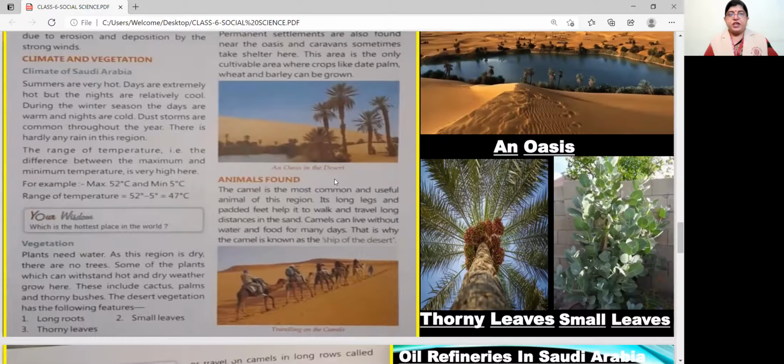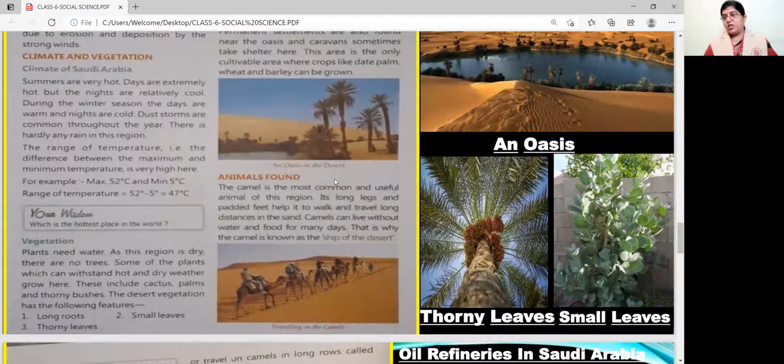And climate, very hot. In summers, days are extremely hot, but the nights are relatively cool. During the winter season, the days are warm and nights are cold. Dust storms are common throughout the year.